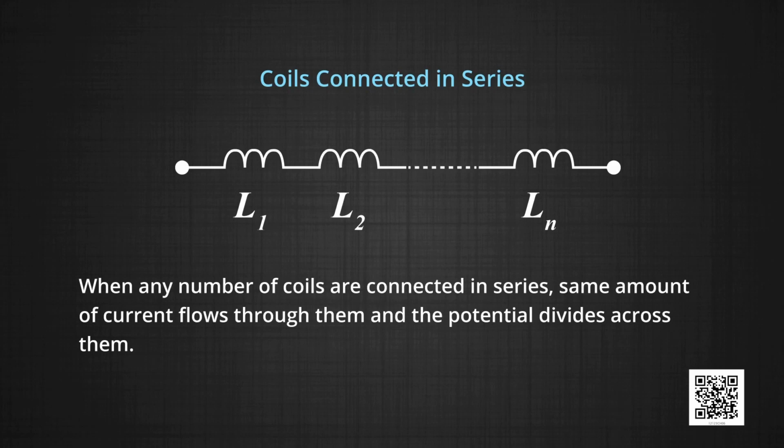For practical purposes, we can combine solenoids in series as well as in parallel. Let us see how. You can see these coils are connected in series. When any number of coils are connected in series, the same amount of current flows through them and the potential divides across them.